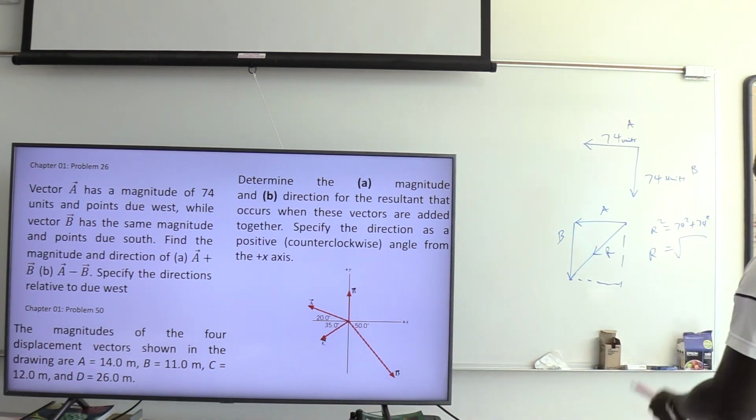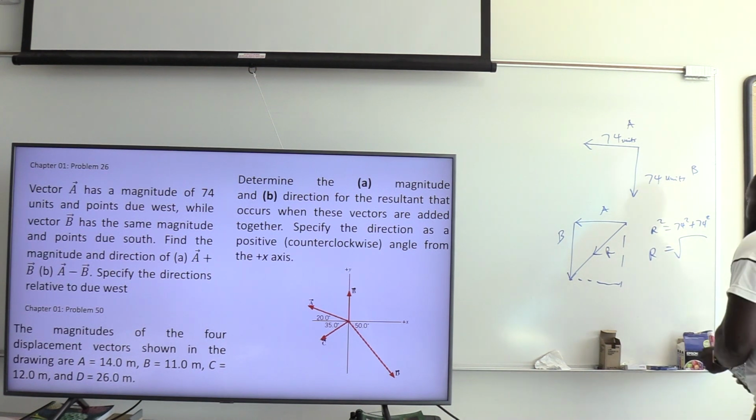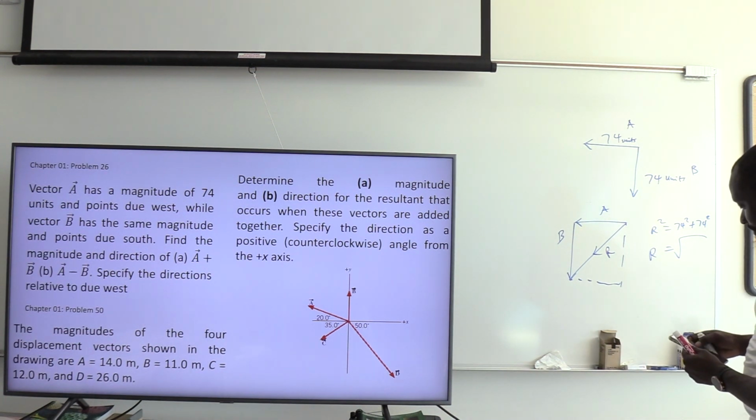What will be the direction relative to due west? Oh, they want a specific direction. So let's get the magnitude first: 74 squared plus 74 squared, and the square root. 74 squared plus 74 squared gives us 10,952.